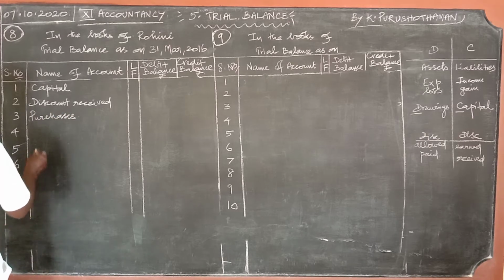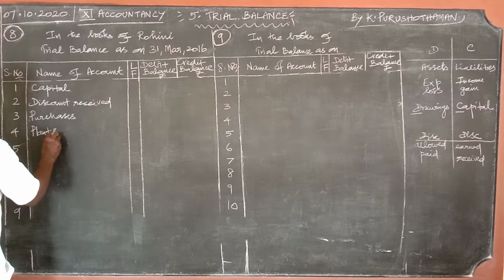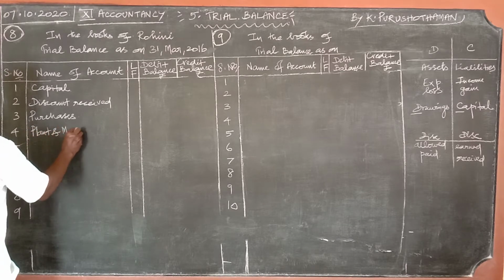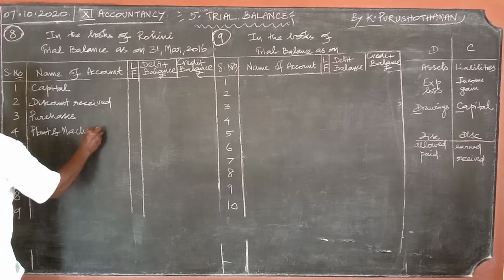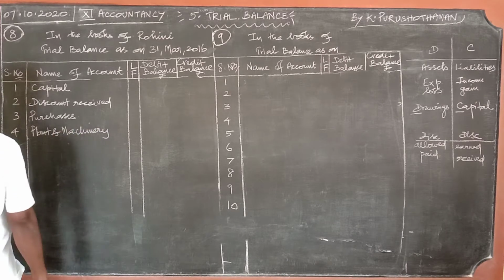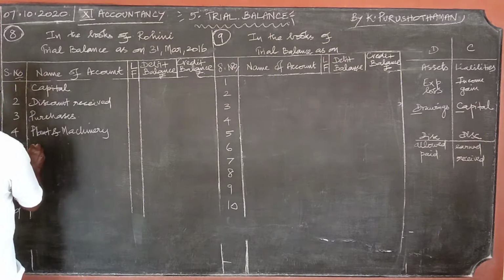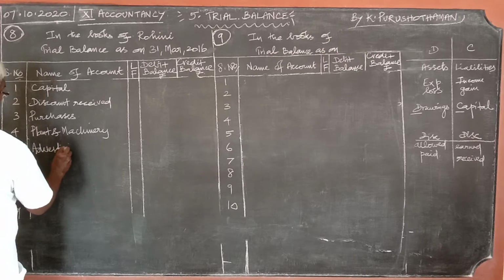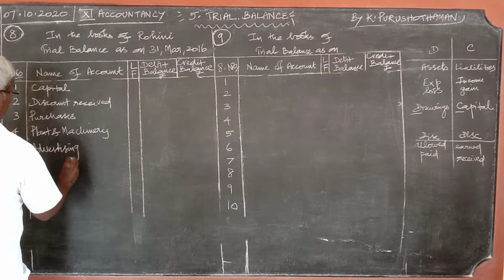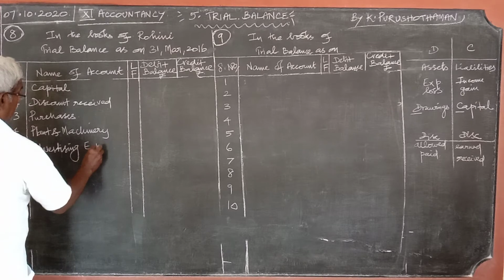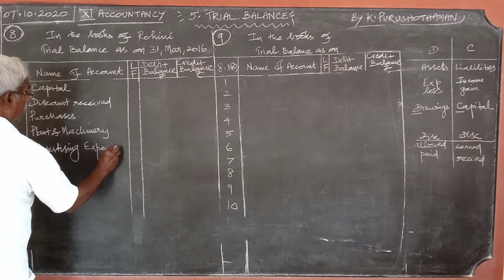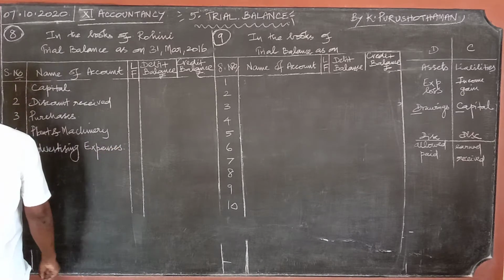Plant and machinery. 5. Advertising expenses. 6.